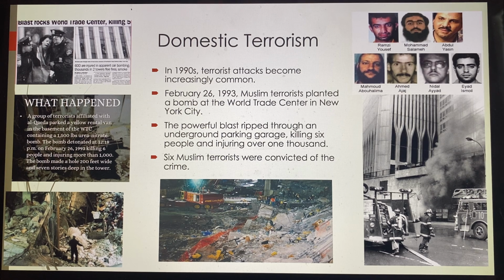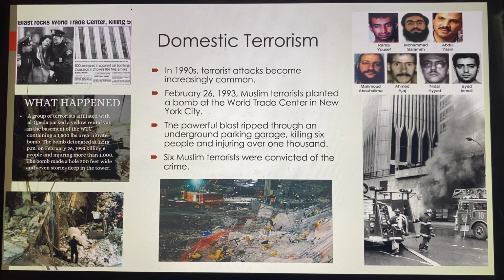6 Muslim terrorists were convicted of the crime. So here's what happened. Basically, a group of terrorists with Al Qaeda parked a yellow rental van in the basement of the World Trade Center. It contained 1,500 pounds of urea nitrate, a bomb.